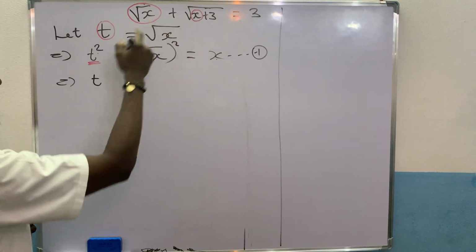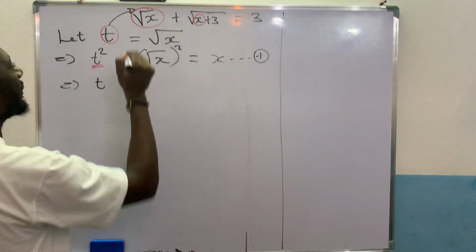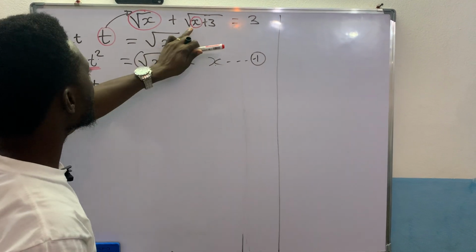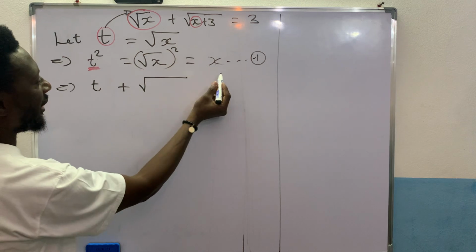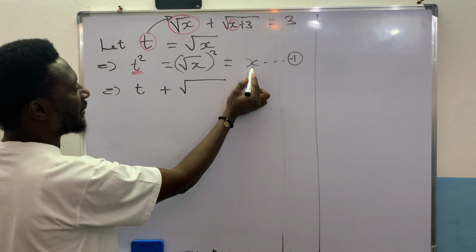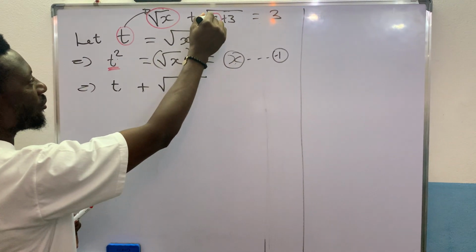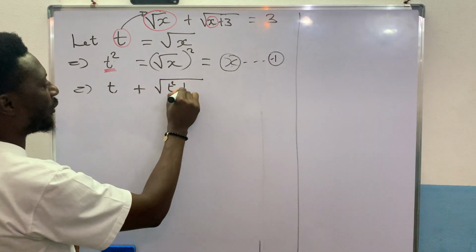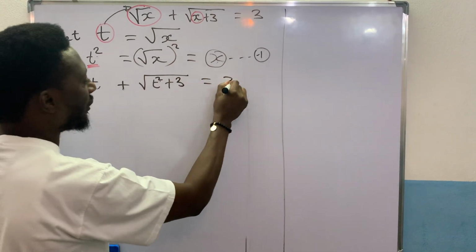So the equation becomes t plus the root. In the place of x, I'll be substituting t squared, because t squared is equal to x. So here will be t squared plus 3, equal to 3.